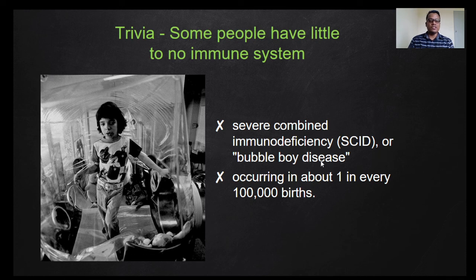The bubble boy disease gets its name from the way the patient needs to live inside a bubble, completely sealed off from the outside environment to prevent exposure to germs. SCID occurs in about 1 in every 100,000 births.